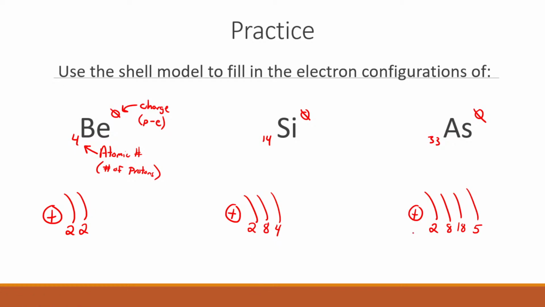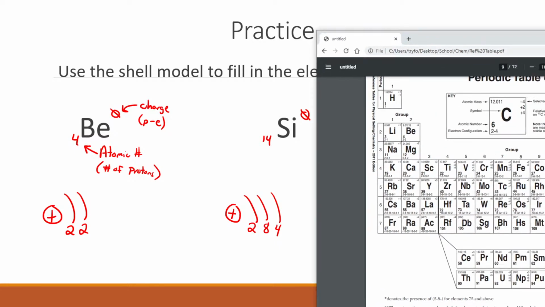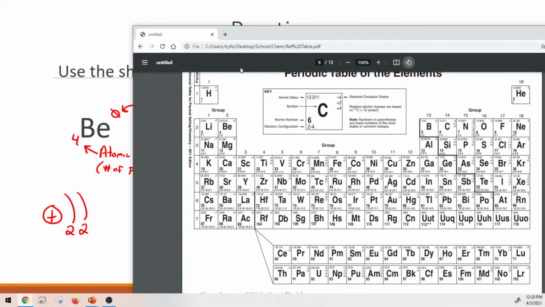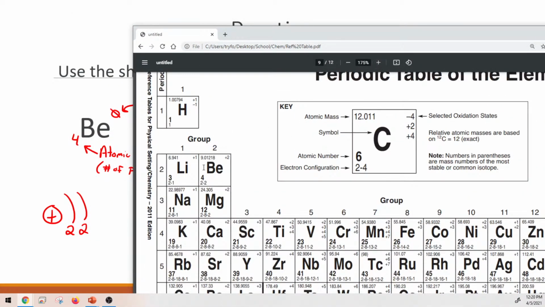Now, electron configurations are given to us on the periodic table. And so if we pull up the periodic table and look at these three elements that we just saw. Right, let's do beryllium first. Beryllium has an electron configuration of 2, 2. Right, matching what we got from our own practice problem.